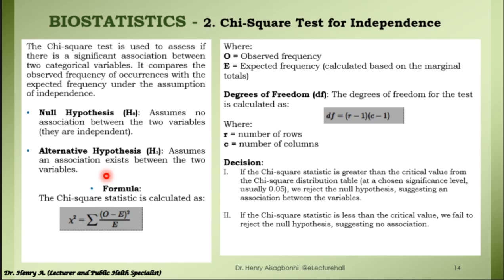Now let's see the formula for the chi-square statistic as calculated. You have chi-square equals the sum of the observed frequency minus the expected frequency, both in brackets, raised to the power of two, over the expected frequency calculated based on the marginal totals.